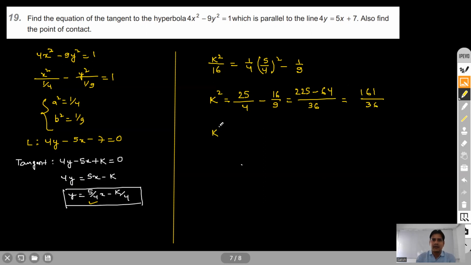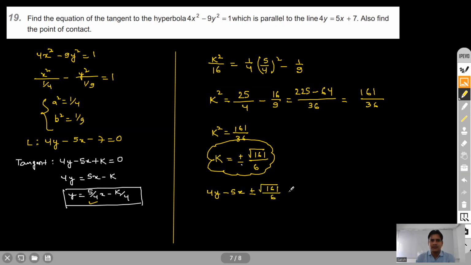So we got k² as 161/36, or the value of k will be ± √161/6. So this will be the value of k. Now what will our equation of tangent become? Our equation of tangent will be 4y - 5x ± √161/6 = 0.